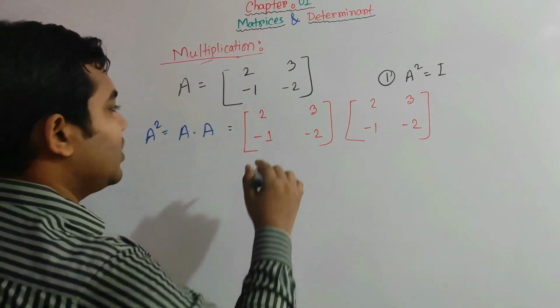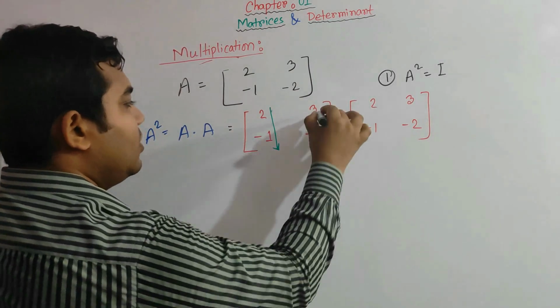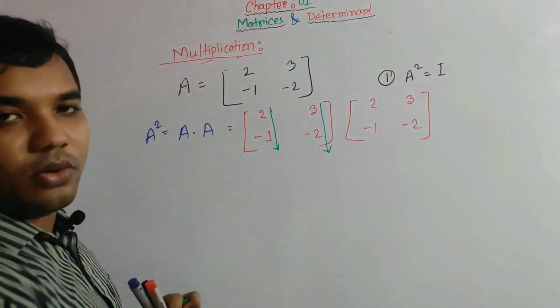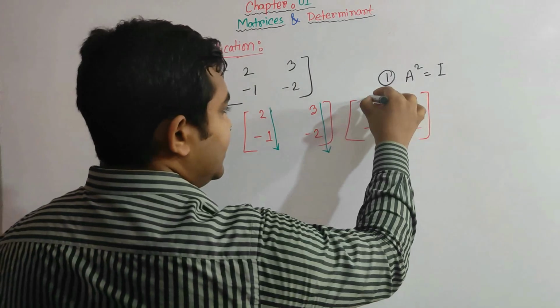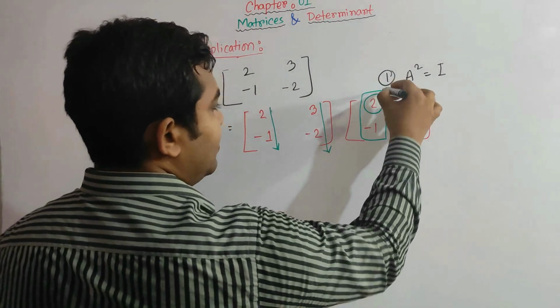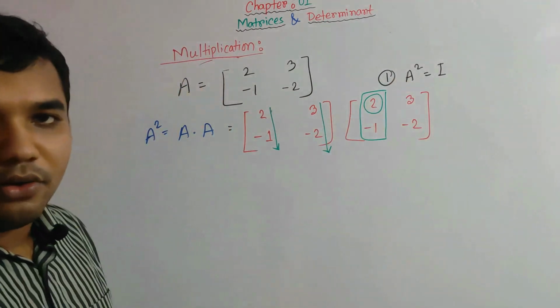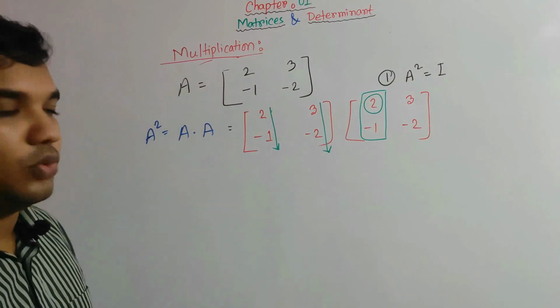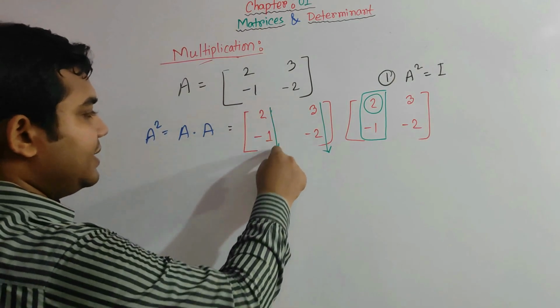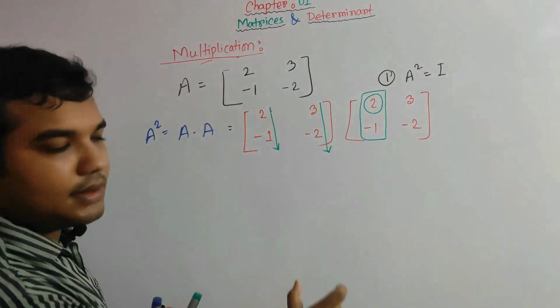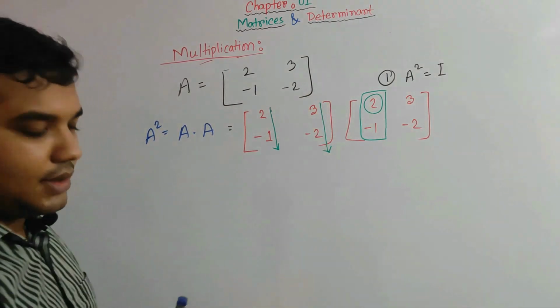Now for the multiplication part, I was talking about these: this is the ith row and this is the jth column, and this is our x of first column and this is our y of first column. So what do we have to do? We have to multiply this column with this plus this column with this.